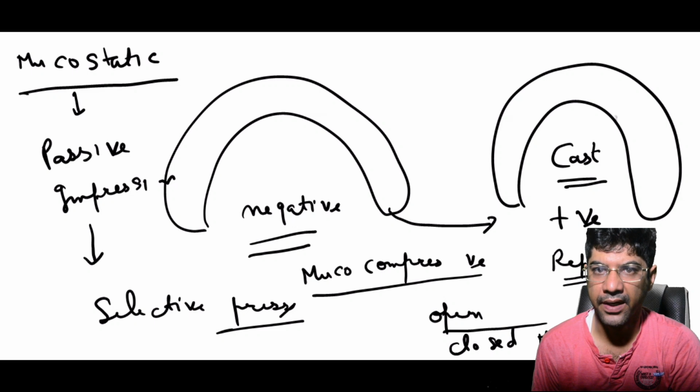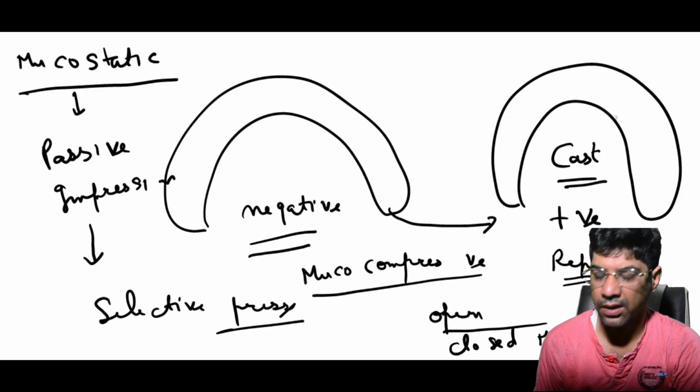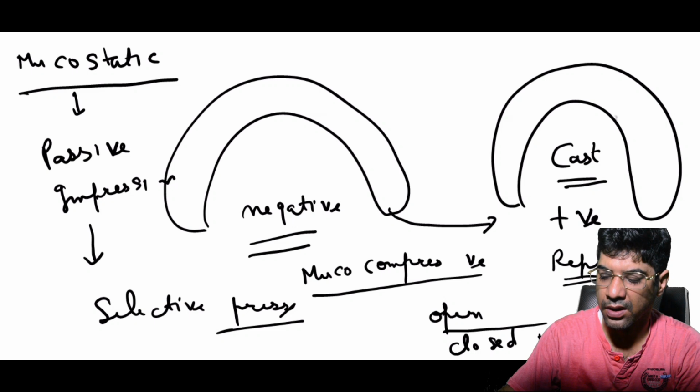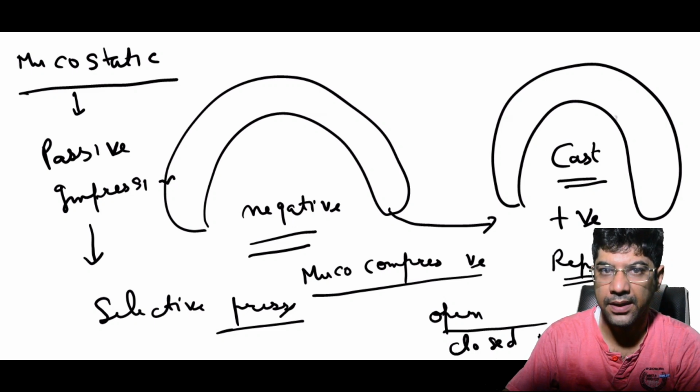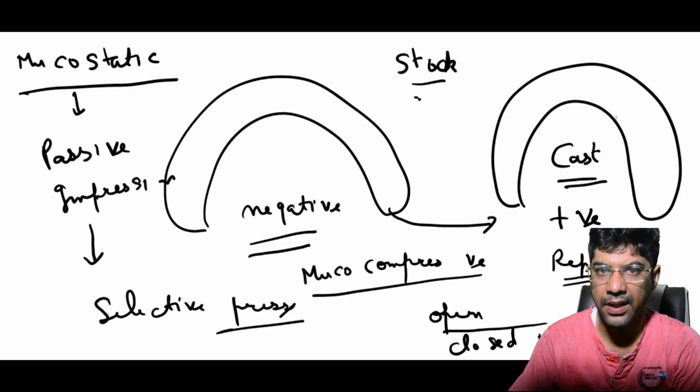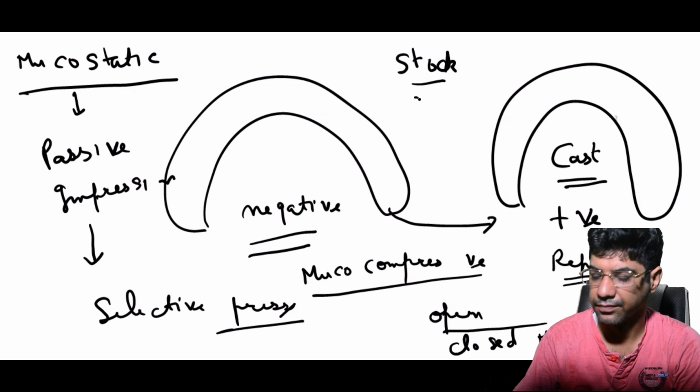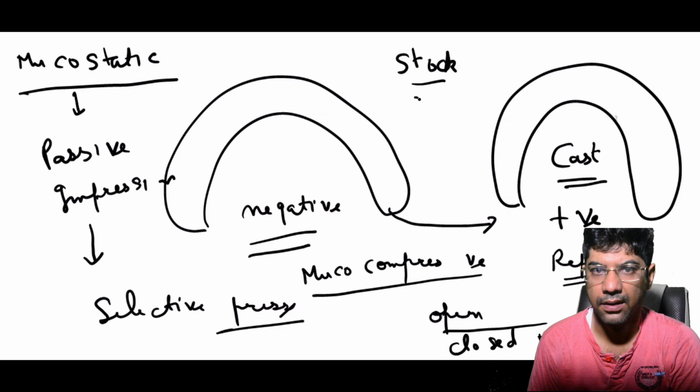According to the type of tray, we can also classify as stock tray impression, that utilizes pre-manufactured trays, or custom tray impression. The custom tray impression employs trays specially designed and fabricated for the individual patient.